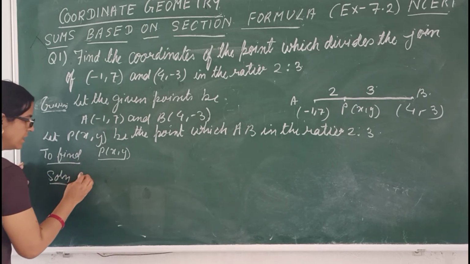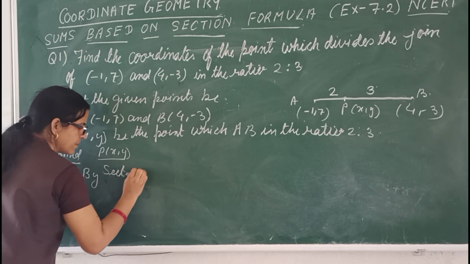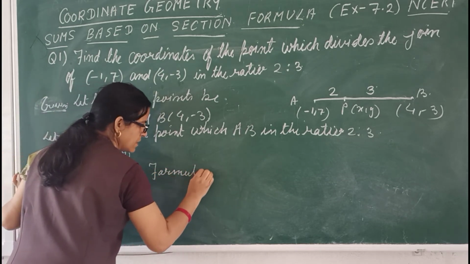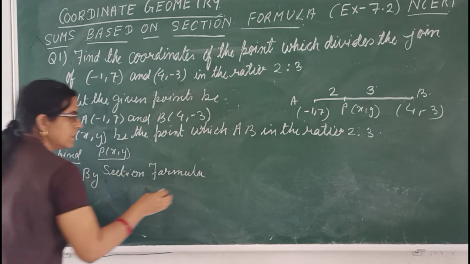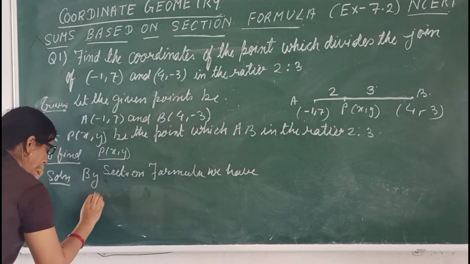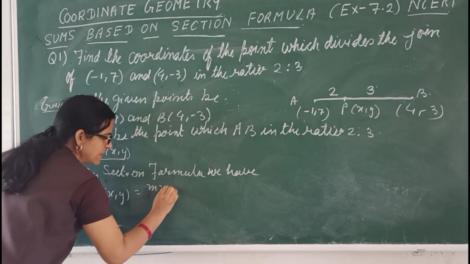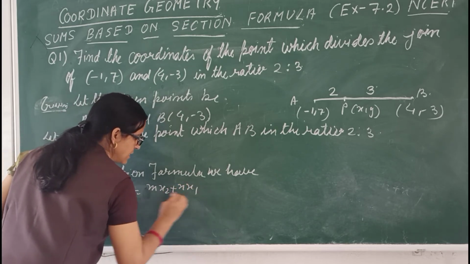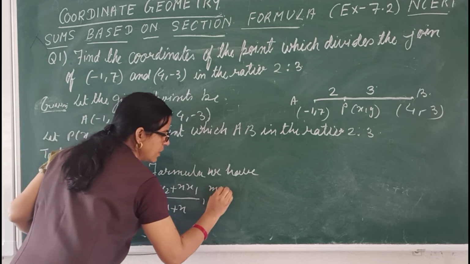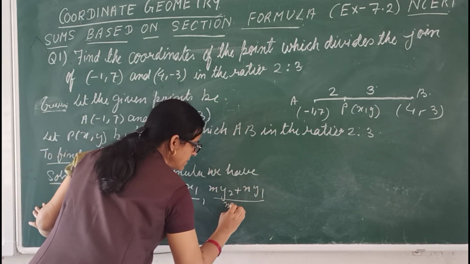Now in the solution part, by section formula, we have P(x, y) equals (mx2 plus nx1) by (m plus n), comma, (my2 plus ny1) by (m plus n).